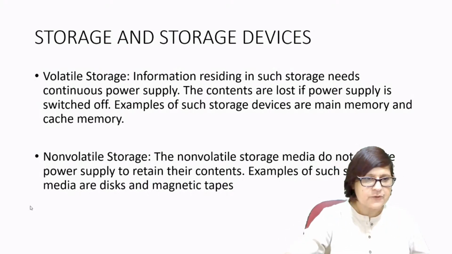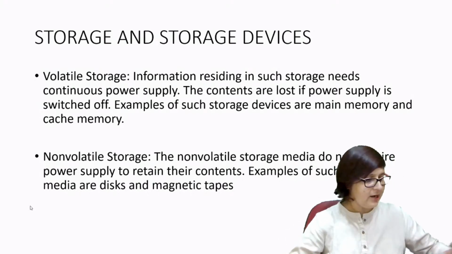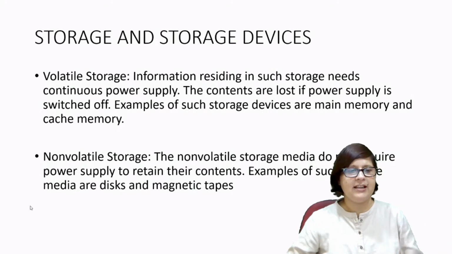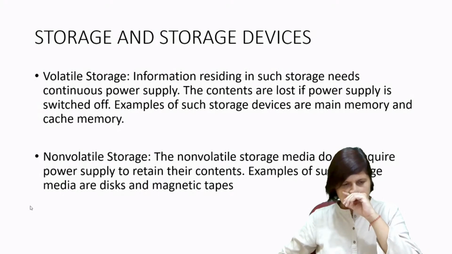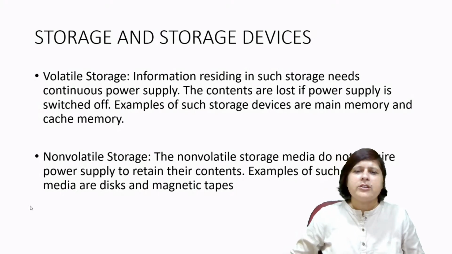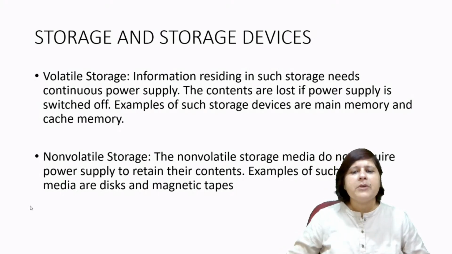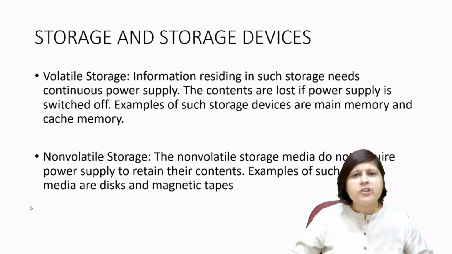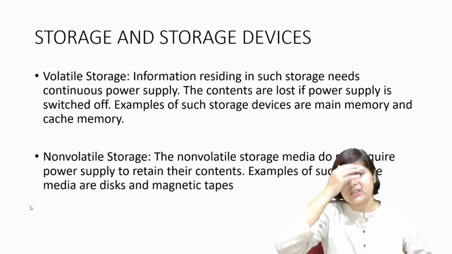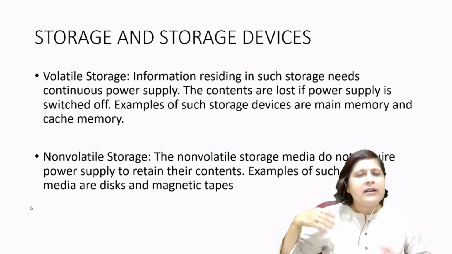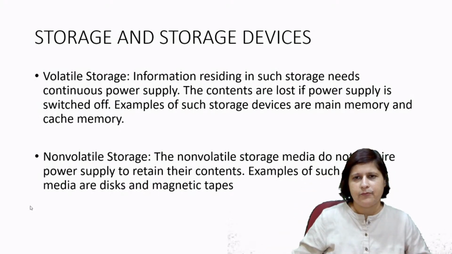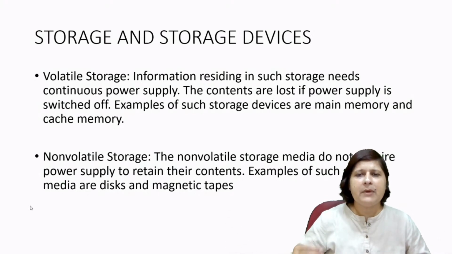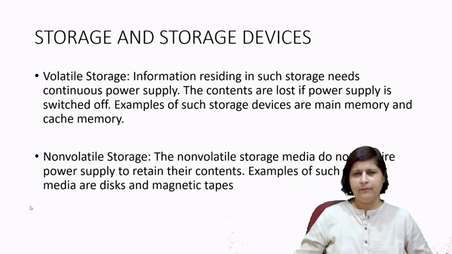There are two types of storage: volatile storage and non-volatile storage. Volatile storage is that storage whose information needs a continuous power supply, right? The contents are lost if the power supply is switched off. Examples are your main memory or your cache memory.